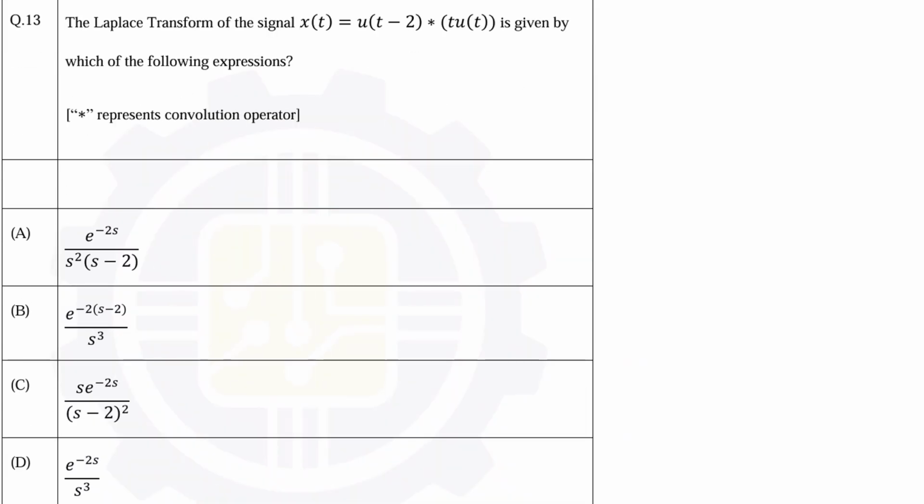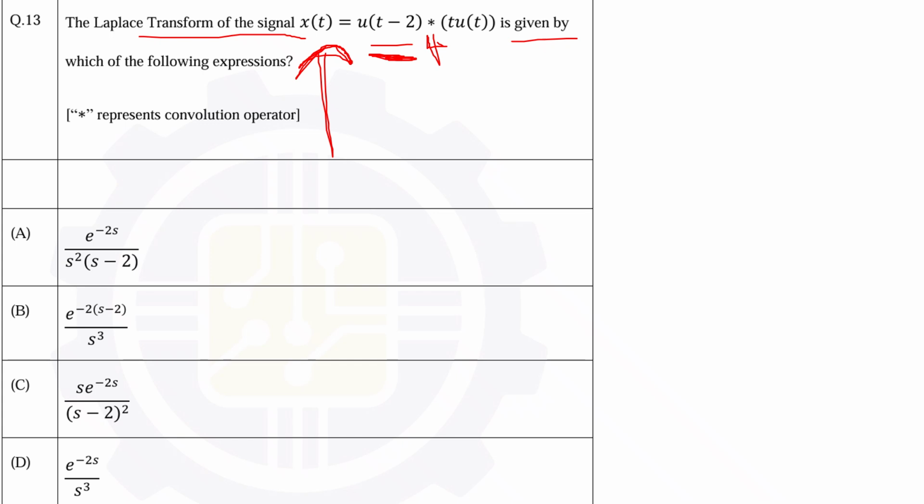The question is: the Laplace transform of the signal x(t) = u(t-2) * t u(t), where * is the symbol of convolution, is given by? So the question is simply asking what is the Laplace transform of this x(t). That's all, right? And x(t) contains two parts.